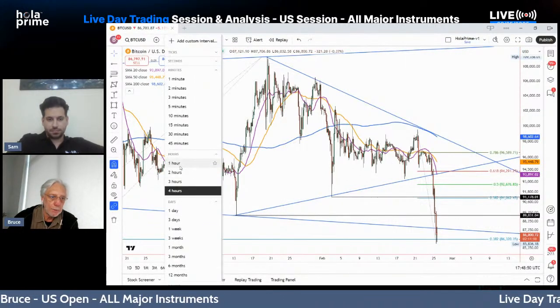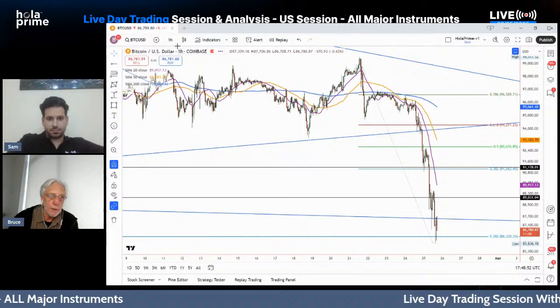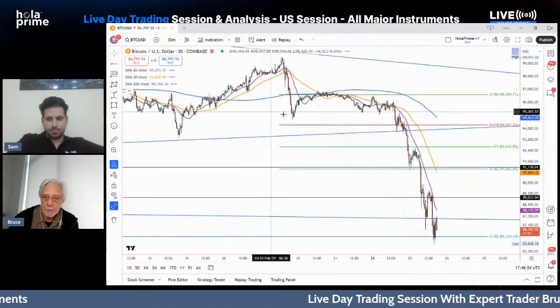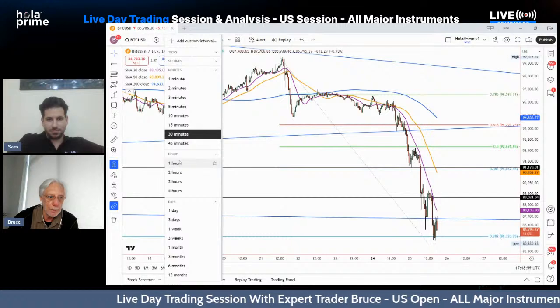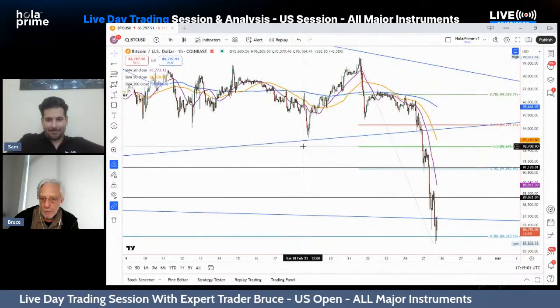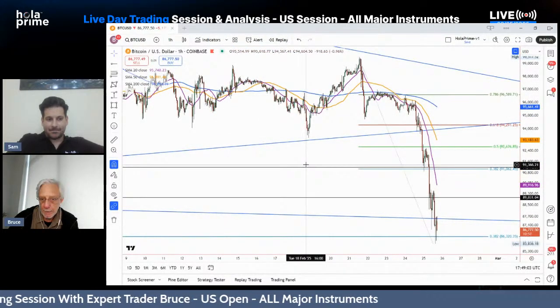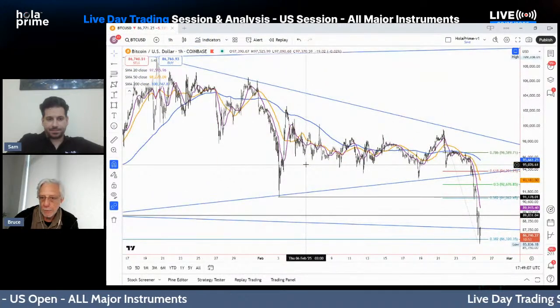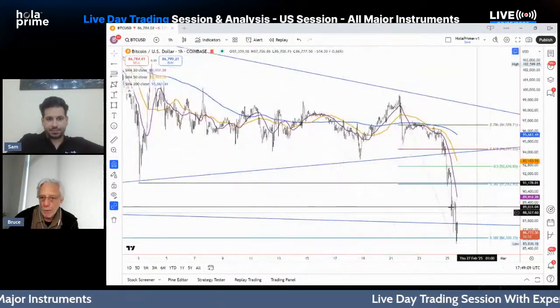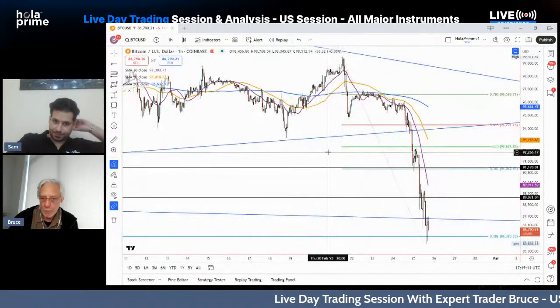And so let's go now into the 1 hour just to double check that. It looks to me like the bears remain in control and we are still in a clear downtrend. And I don't see any sign of that changing based on what we're looking at so far. Although we are in an area of potential support.